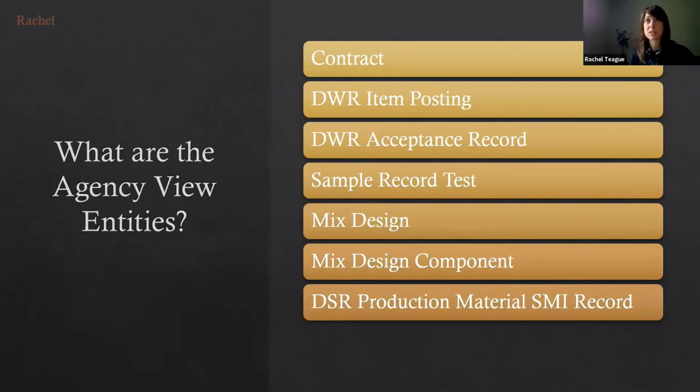Currently, you can associate an agency view to 7 different places in the system. We call these places entities, but it just means a model or a record.